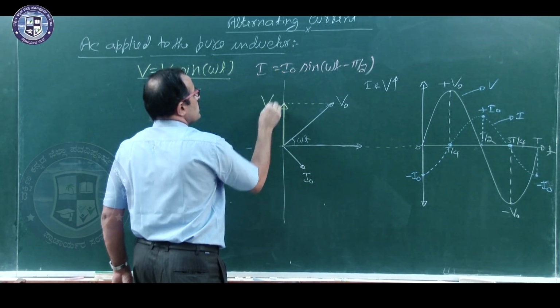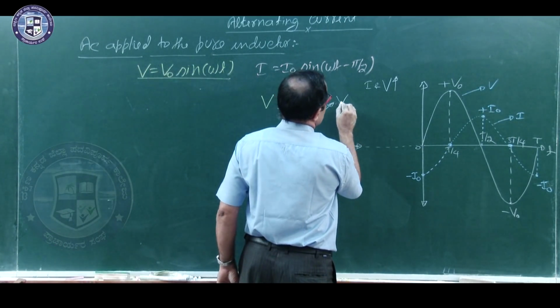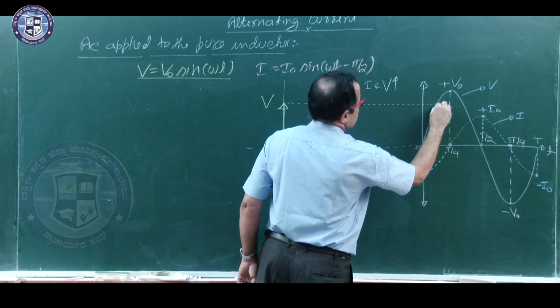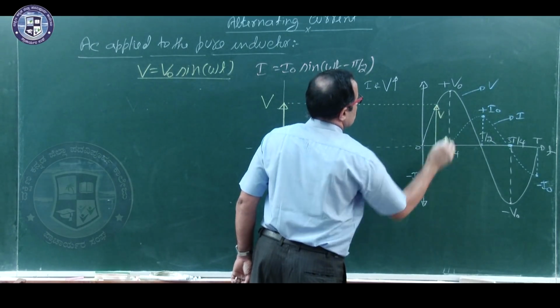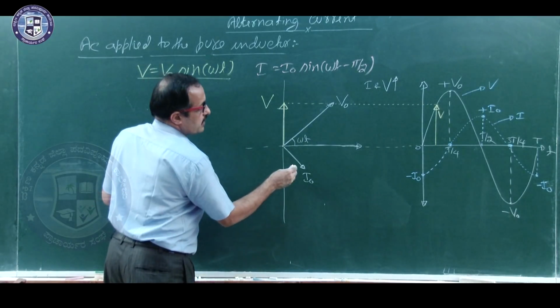This is instantaneous voltage V, and I want to take this one to the graph. V. Then corresponding current is I.